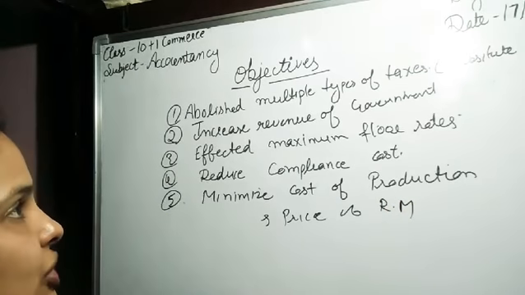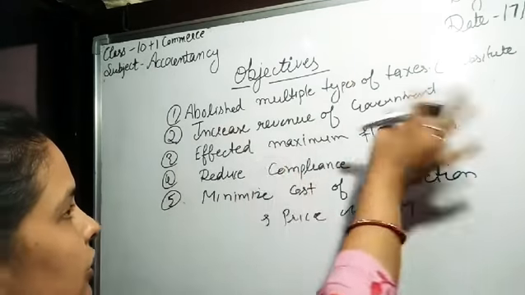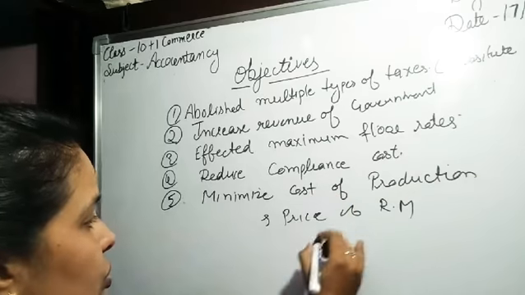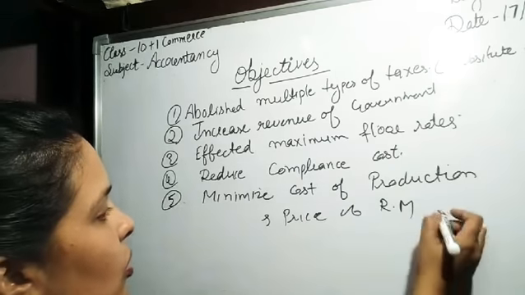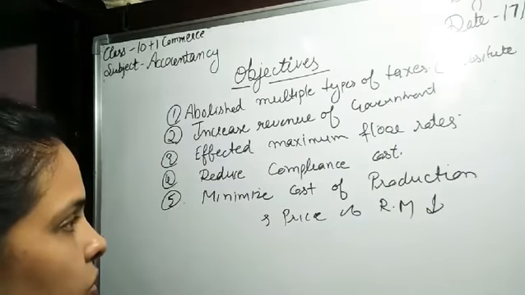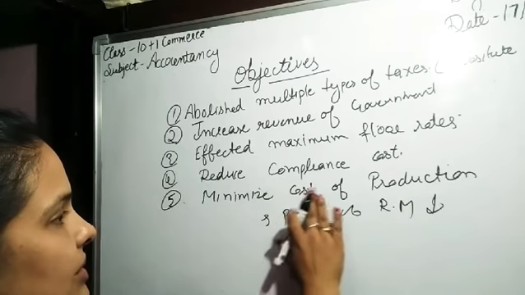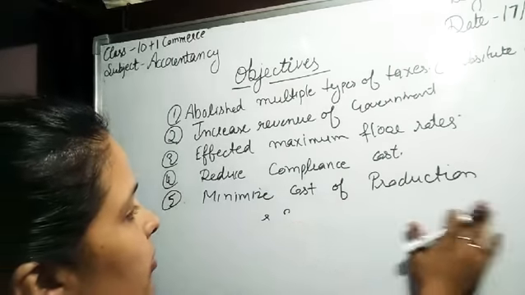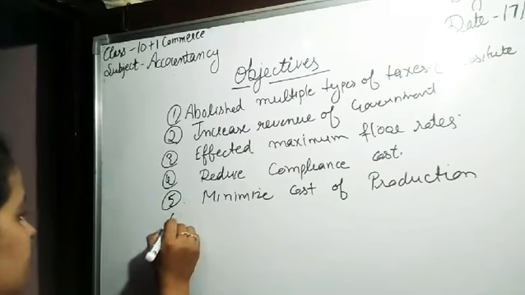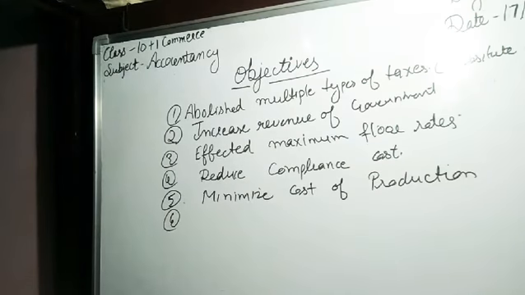When the GST came into existence, a number of taxes were reduced, so the price of raw material also goes downward. So it leads to minimizing the cost of production for the producers. They get raw material at the least prices.